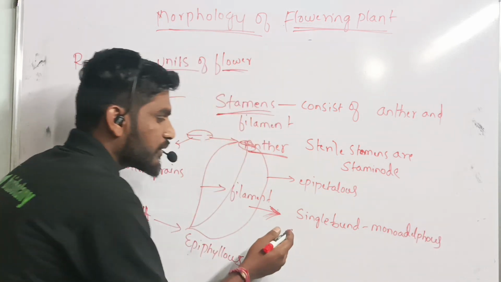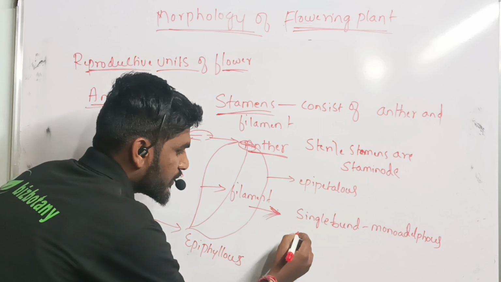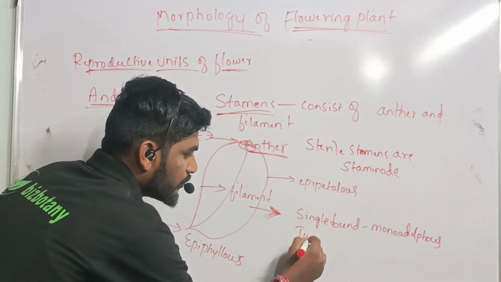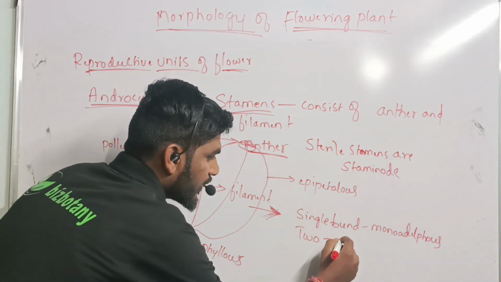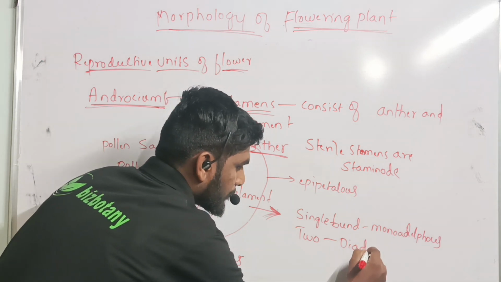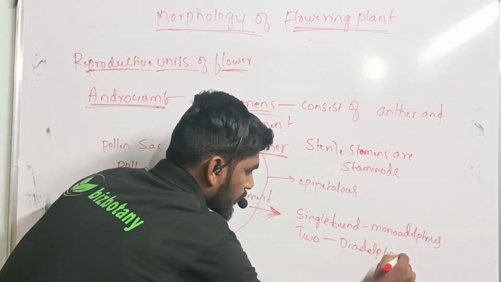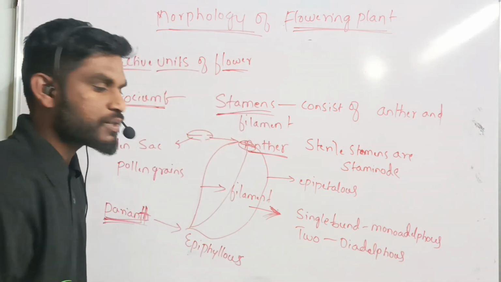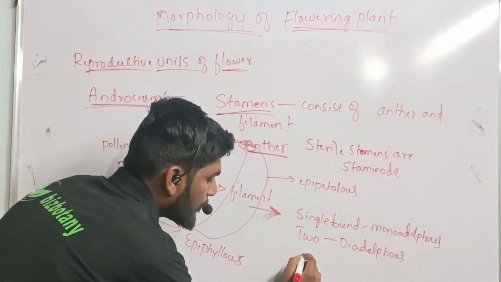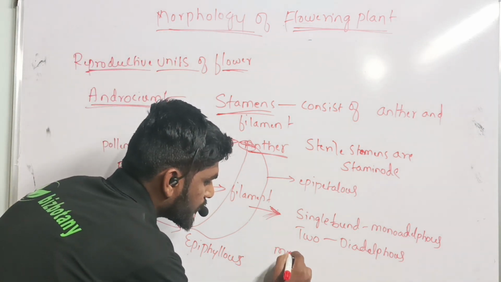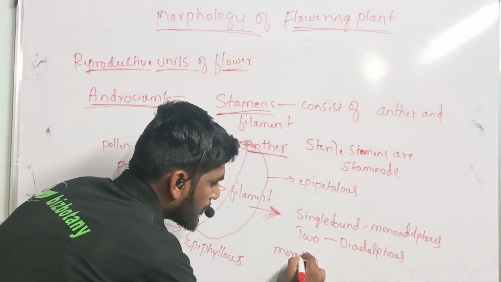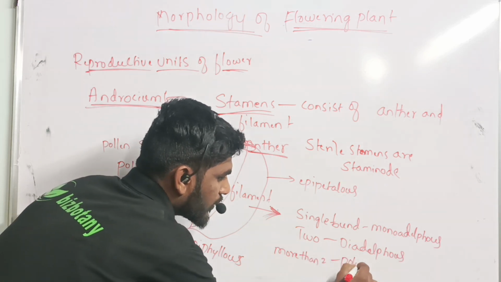When they form more than one bunch, if they form two bunches, we call it diadelphous. When they form more than two bunches, we call it polyadelphous.